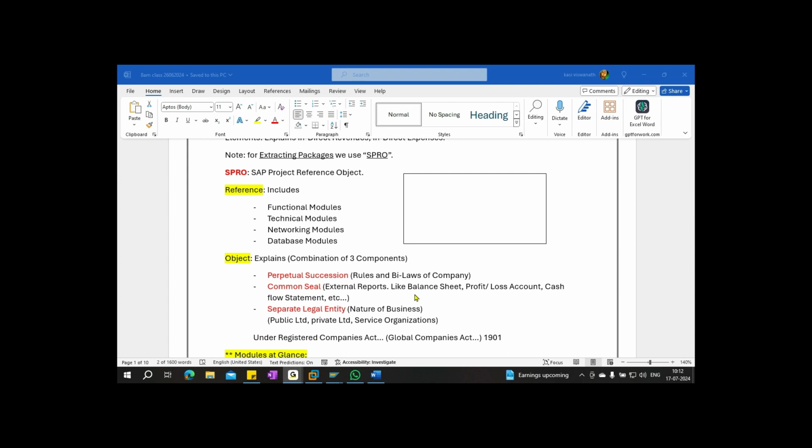I repeat, what are the four combination? Functional, technical, networking, and database modules. Next, objects.